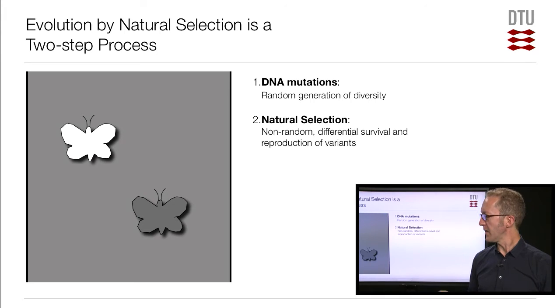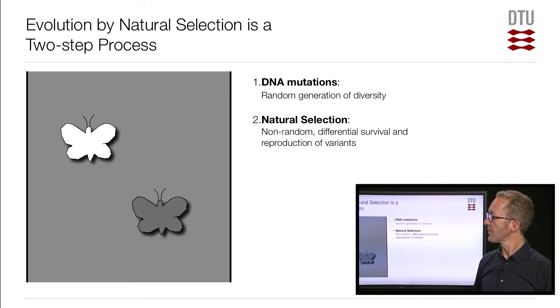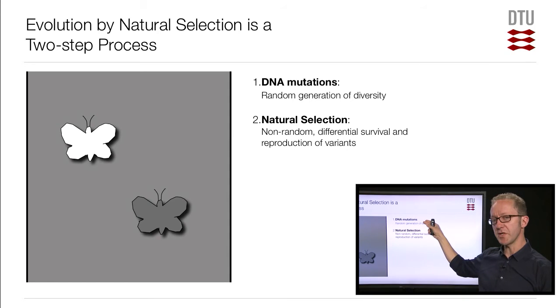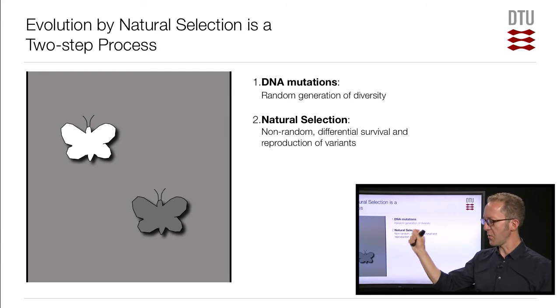This is the very simple but very powerful idea behind natural selection. You have random generation of diversity: DNA mutates, forming a diversity of different traits in a population. This is followed by non-random differential survival and reproduction. The random mutations that, for entirely random reasons, fit well in their environment are the ones that survive.